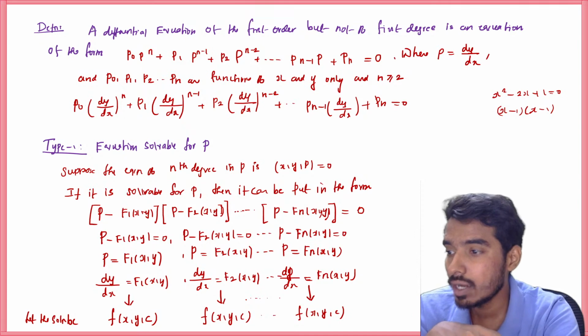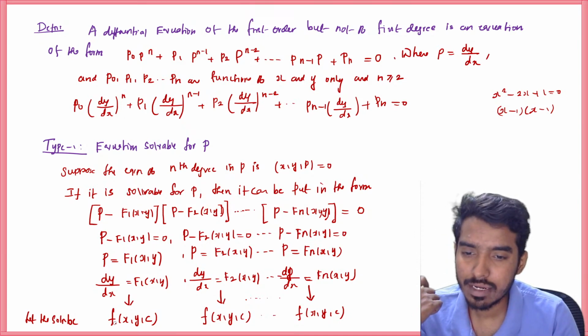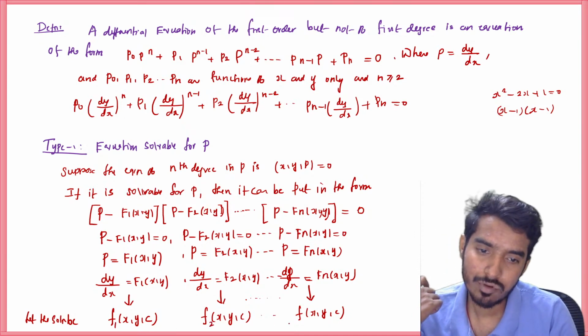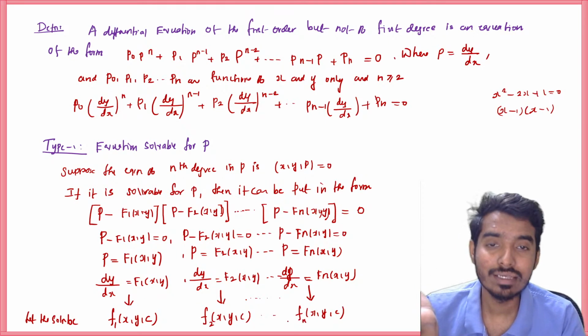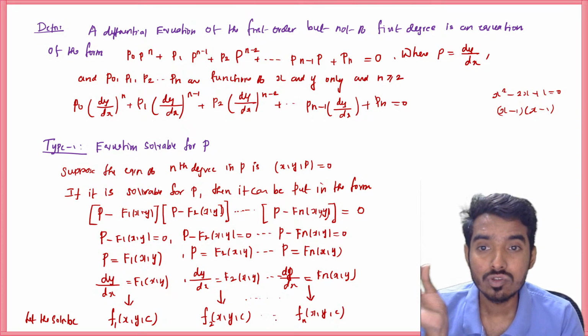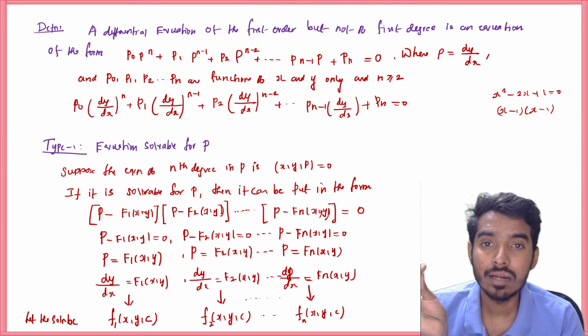Now, let us say this is f1, then f2, and so on up to fn. Now you multiply all of these, and that will be the solution of the given differential equation.